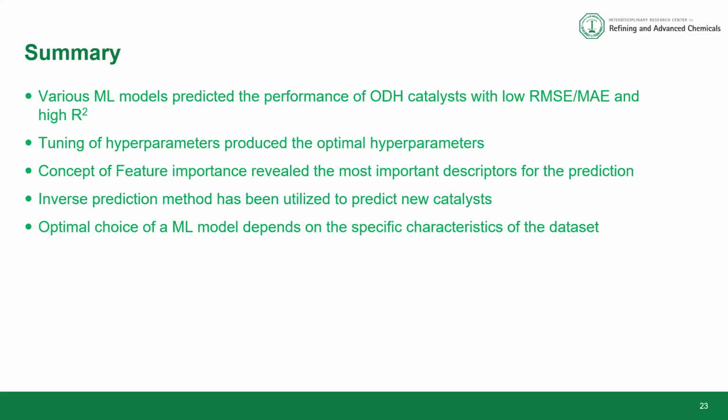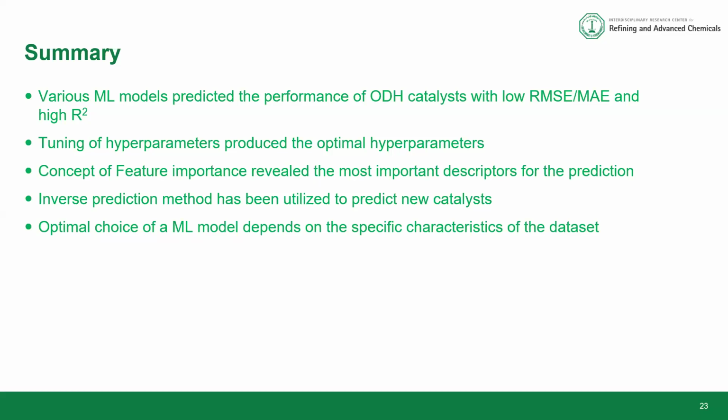And the inverse prediction method, which we showed in the last two slides, is utilized to predict new catalysts. However, the final and very important note is that the optimal choice of a model depends on the specific characteristics of the data set. That means there's no one rule that fits all in developing machine learning models for data sets.